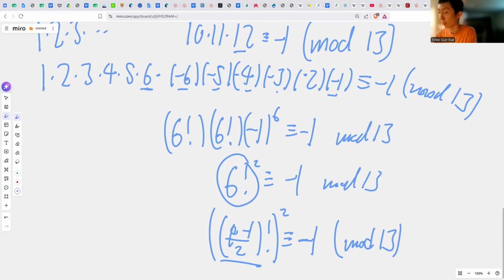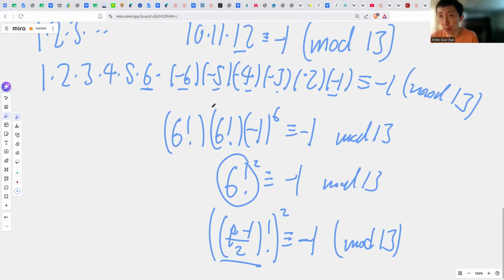I think this is a really cute or beautiful fact. So this proves that -1 is always a quadratic residue mod p when p is 1 mod 4.